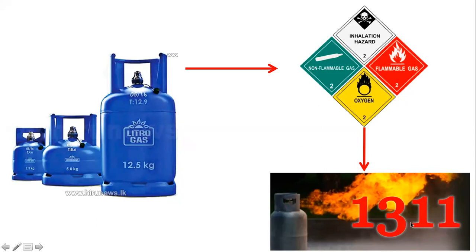Now we are at risk. What is the reason for that? We have not identified the hazards. We know there is a hazard, but we have not identified the hazards properly. Therefore, we are suffering some very serious cases in our homes and houses.